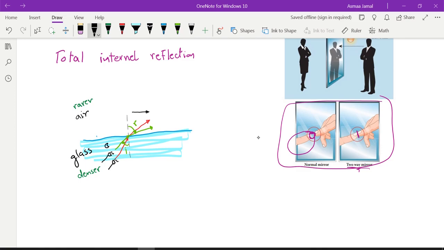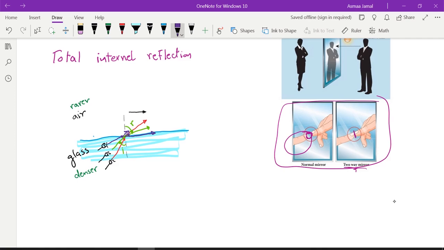Let's increase the angle more. This is the incident light. At some point, the refracted light will be at a right angle. And here we're going to call it the critical angle. Let's increase that incident light angle even more. Here the angle of incidence in the denser medium is greater than the critical angle.